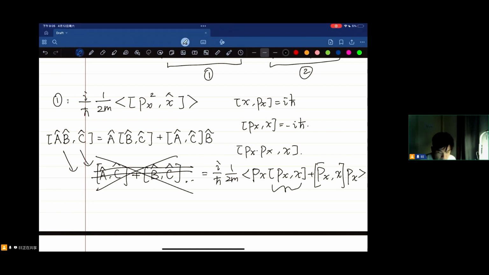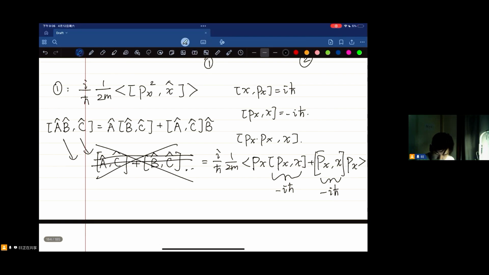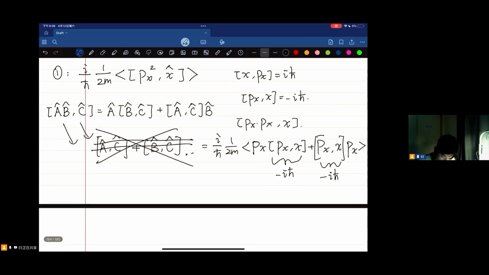And what is this? We already know that [px, x] is negative i h bar. Yes. So in here we have negative 2 i h bar px.